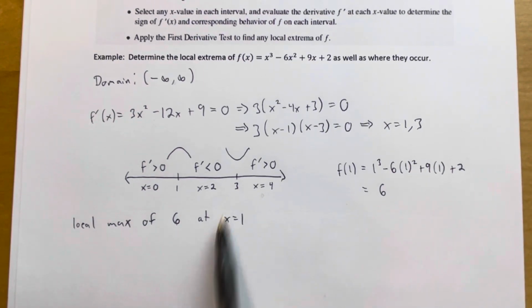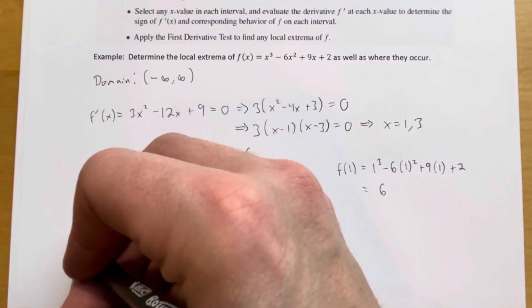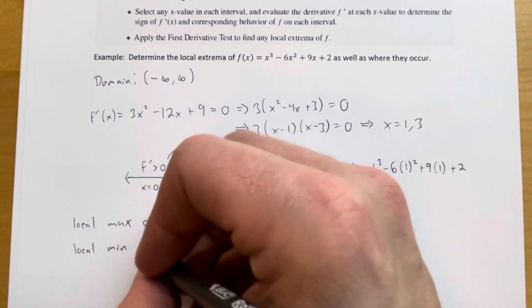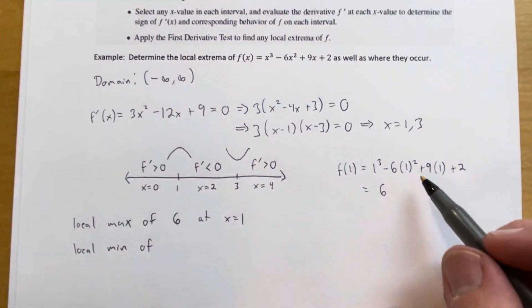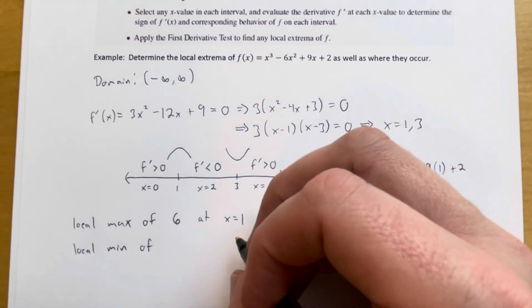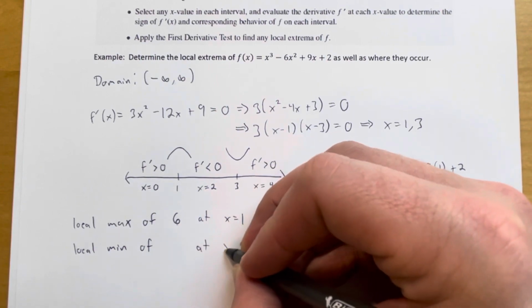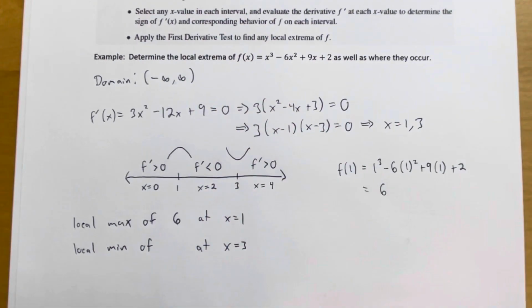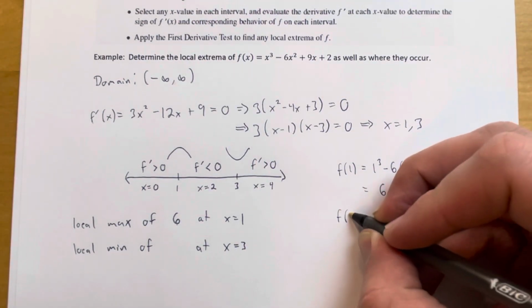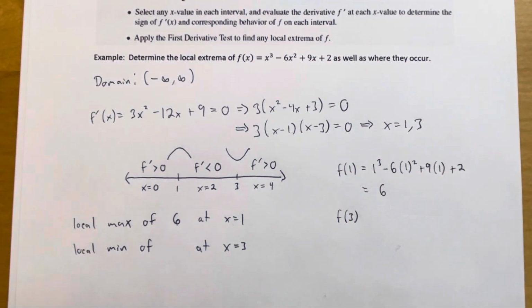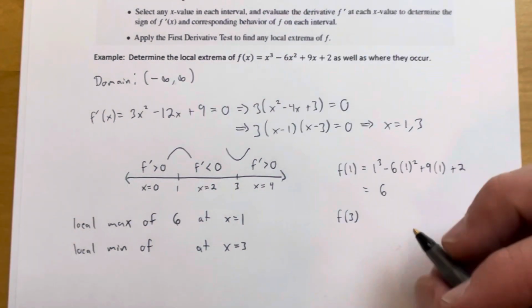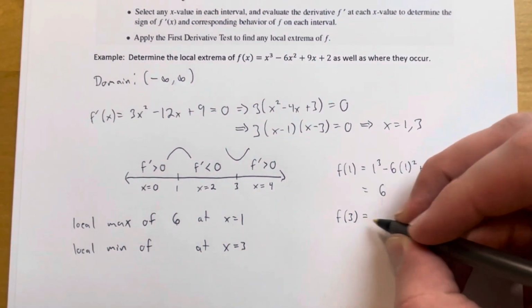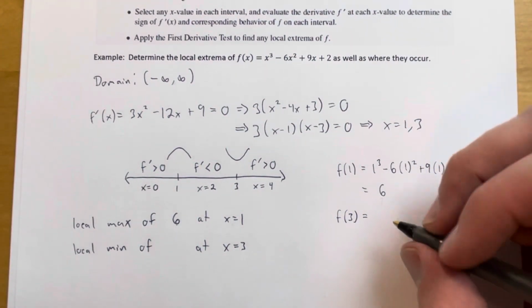We also have a local minimum, so a local minimum of what? Well, we have to figure it out, but we know where it occurs. It's at x equals 3 from our sign chart in the first derivative test. We have to plug 3 not into the derivative because we already know what happens there. It equals 0, but we plug it into the original function because that's the thing we're trying to maximize or minimize.